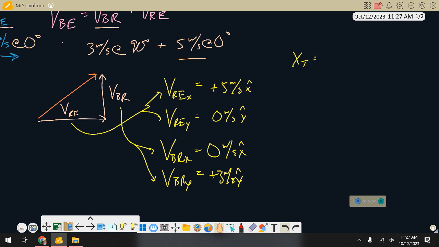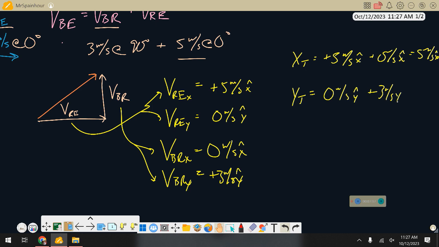Now again, this is very easy because one of them is going to be 0. In this case, we have positive 5 meters per second x hat plus 0 meters per second x hat, which is 5 meters per second x hat in total. And y total is going to be 0 meters per second y hat plus 3 meters per second y hat, equal to a total of 3 meters per second y hat.